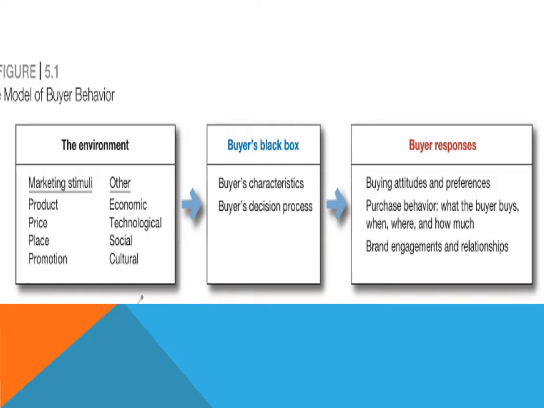And then the price, yeah, some people buy the product because it has a lower price compared to the other competitors, so that is also marketing stimuli. And then the place, we're talking about distribution, so some people will buy the product because they don't have to go too far. They will buy something nearer because, during the pandemic, you will just buy around your environment.